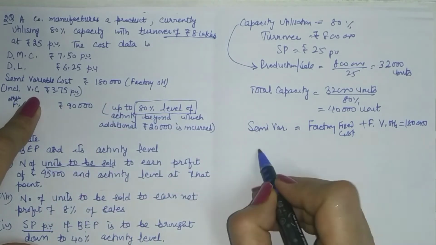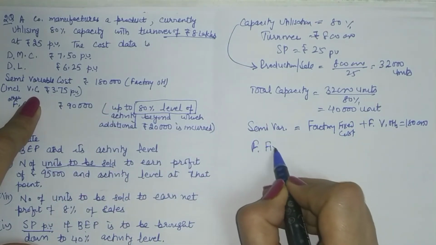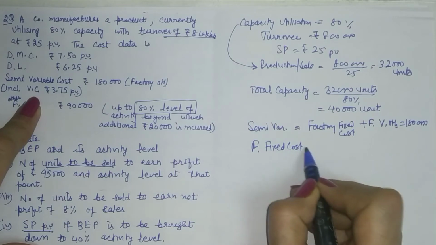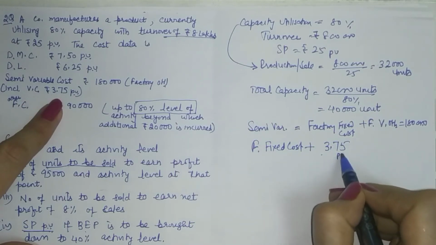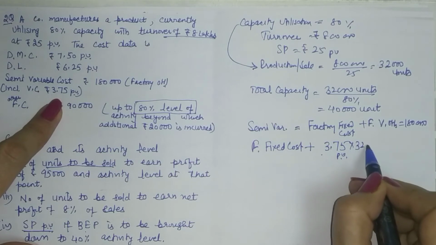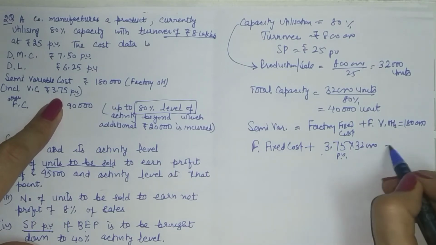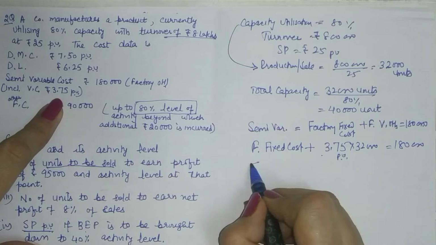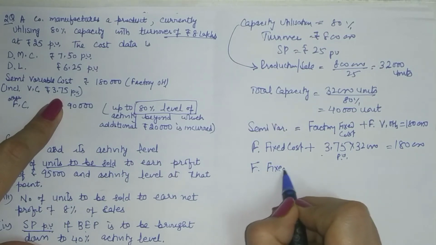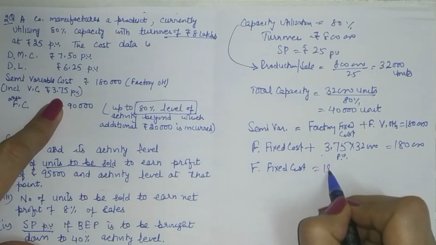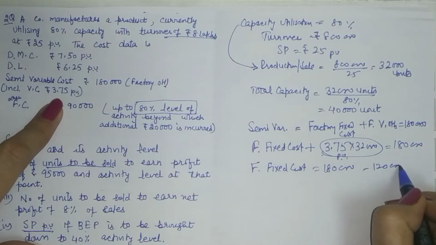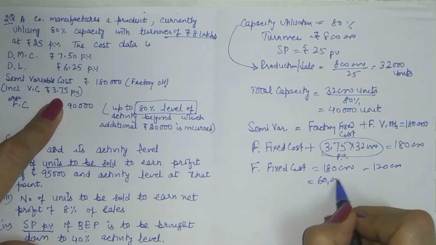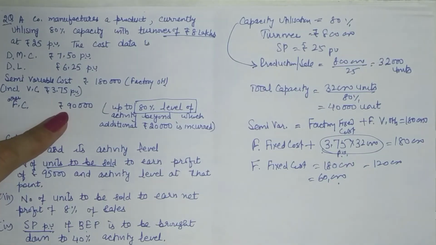So we need to find out factory fixed cost. Since your number of units at present level is 32,000, your factory fixed cost will be 1,80,000 minus 1,20,000. So your factory cost is 60,000 fixed and 3.75 variable.